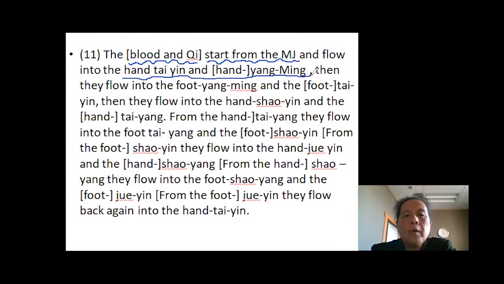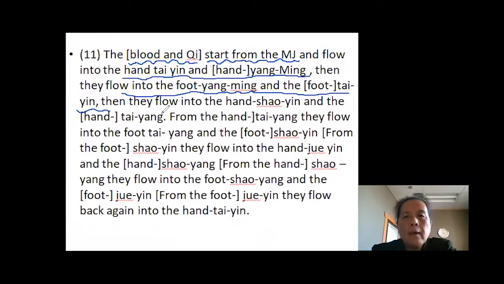Start from middle jiao, go to hand tai yin meridian. Hand tai yin is lung meridian. And hand yang ming is large intestine meridian. And from hand Yangming meridian to foot Yangming, stomach meridian, and foot Tai-yin, spleen meridian. So basically the same as we talk about the qi blood circulation way.